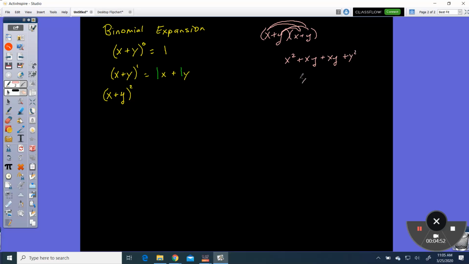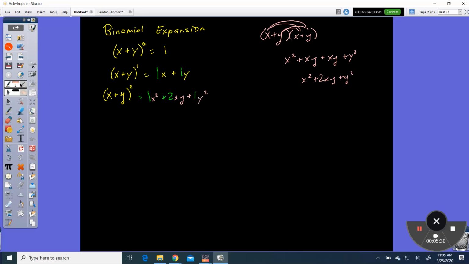So that simplifies to be x squared plus 2xy plus y squared. So now over here, I'm going to write this down. equals 1x squared plus 2xy plus 1y squared.